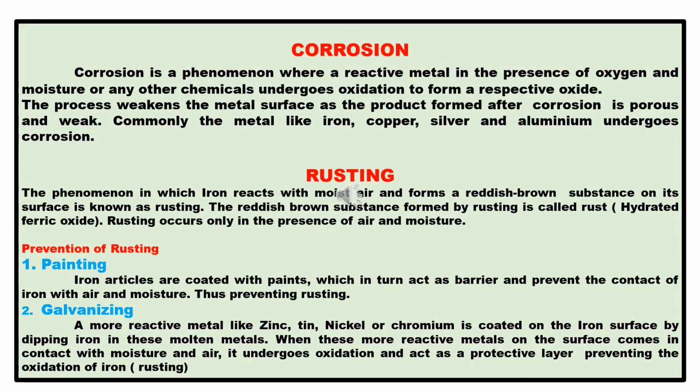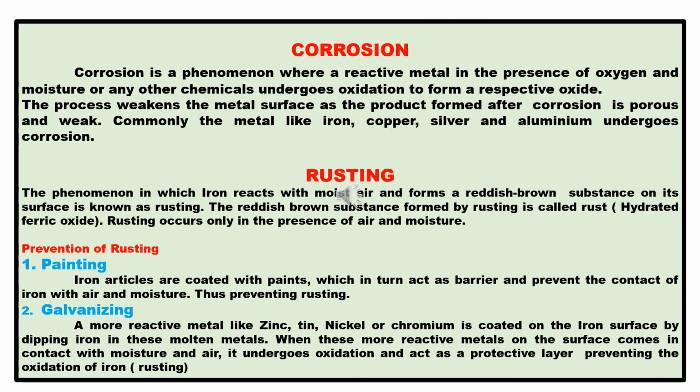And the second method is galvanizing. What is that? Galvanizing. A more reactive metal like zinc, tin, nickel or chromium is coated on the iron surface by dipping iron in these molten metals. So, one method is coating with paint.